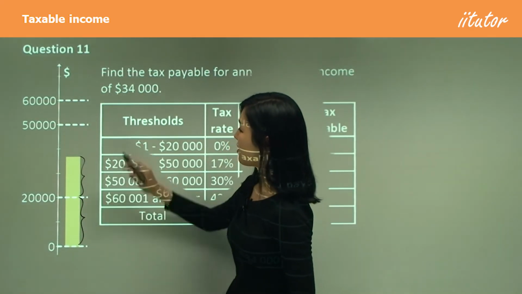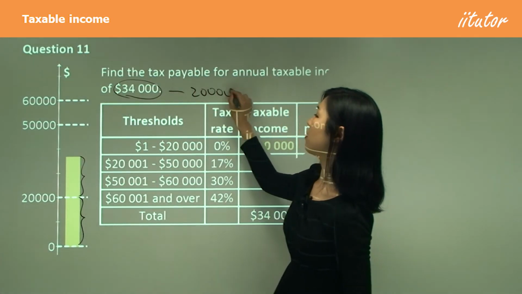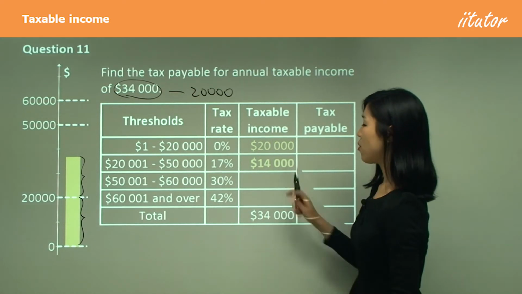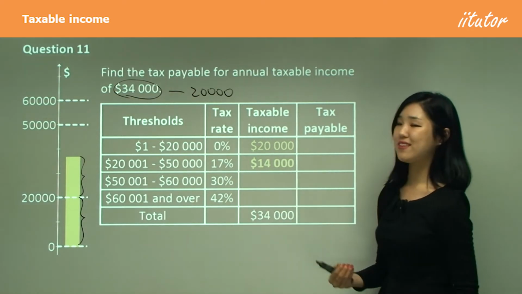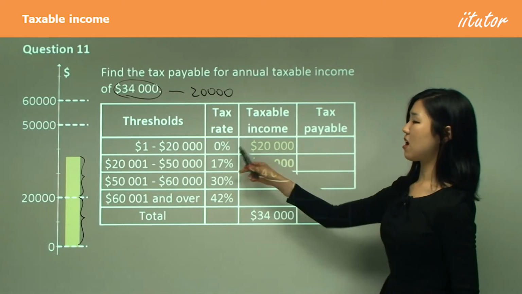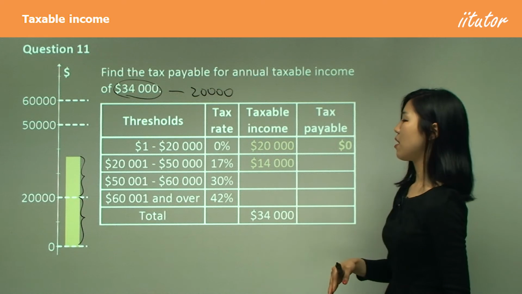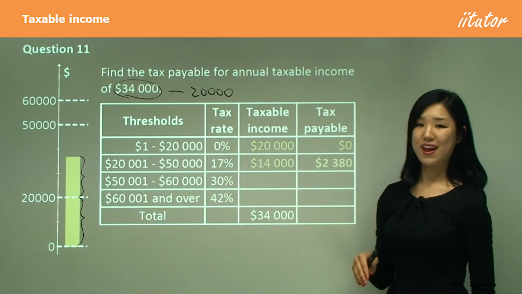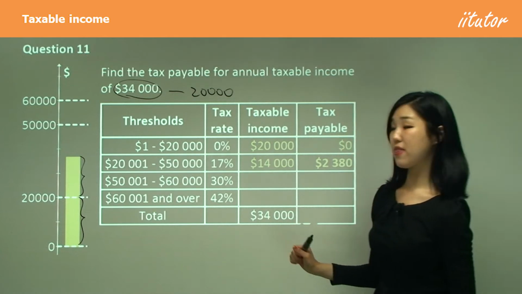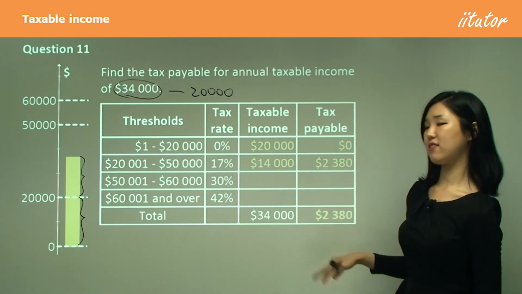Well, that part is $34,000 minus the $20,000, isn't it? So you calculate the difference, which is $14,000. Now for $14,000, we calculate 17%. So calculate their individual percentages. So 20,000 times 0% is simply $0. And 14,000 times 17% is 2,380. So his total taxable income would definitely add to 34,000, and their tax payable, you add these together, and that's simply it.